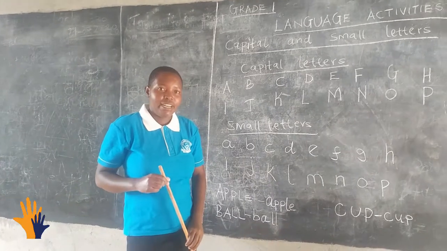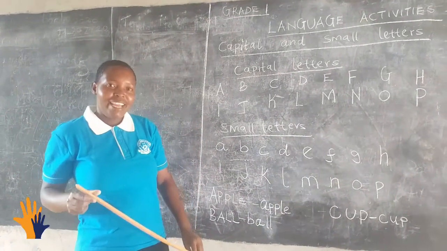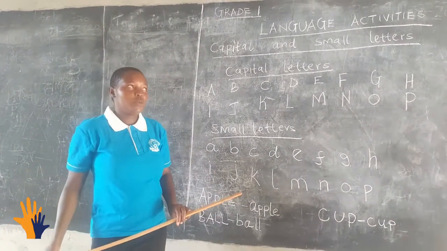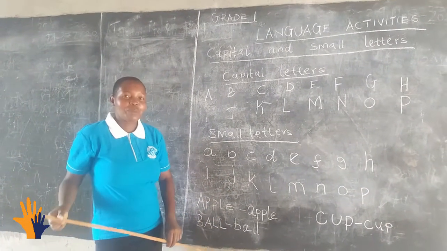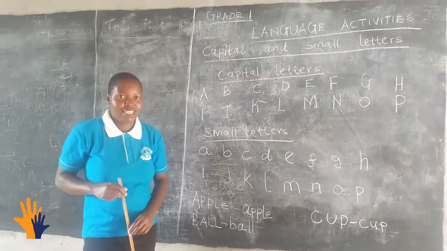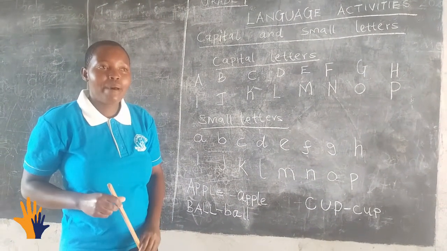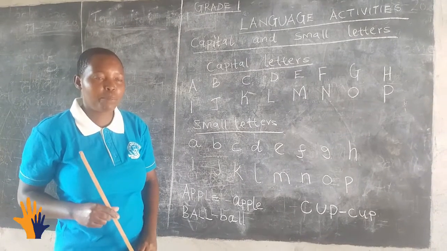So, children, we have come to the end of our lesson today, which the substrand was capital and small letters. So, I'm giving you an activity to do with your parents at home as they help you.